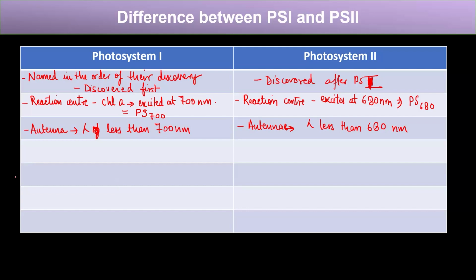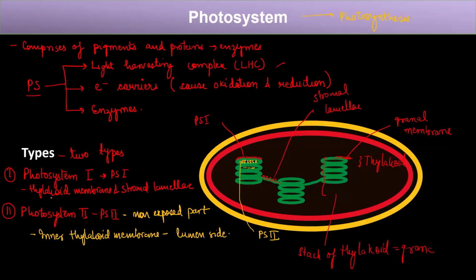Okay. Now, we have seen the location in the previous slide also. Photosystem 1 is present in the non-appressed part, right? Non-appressed means that it is exposed. So it is present in the non-appressed or exposed part. And we know what that part is: that is your thylakoid membrane and stromal lamellae.